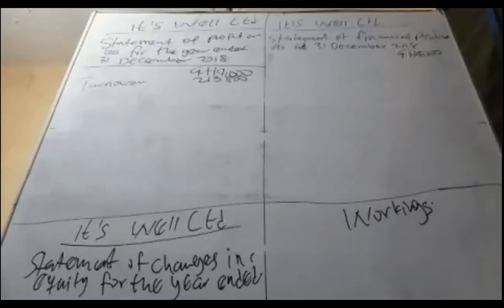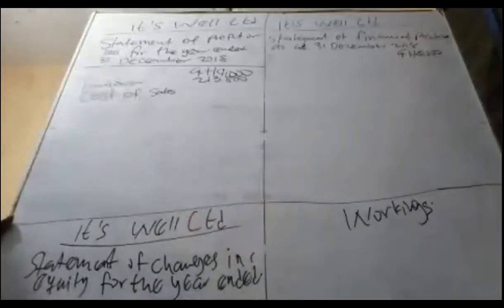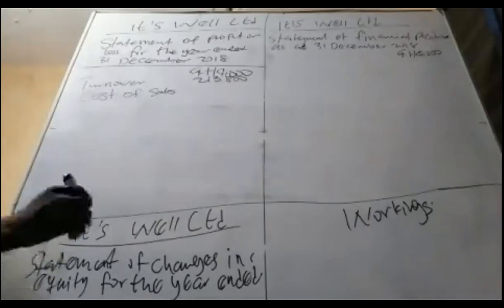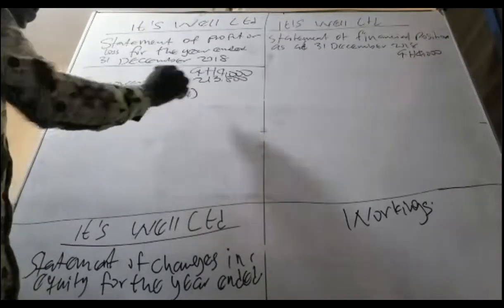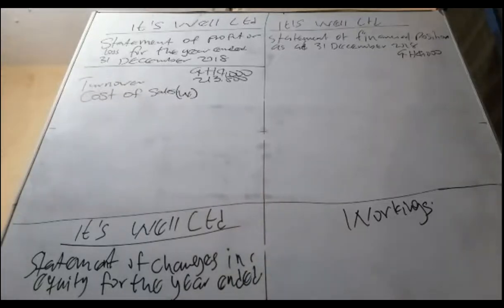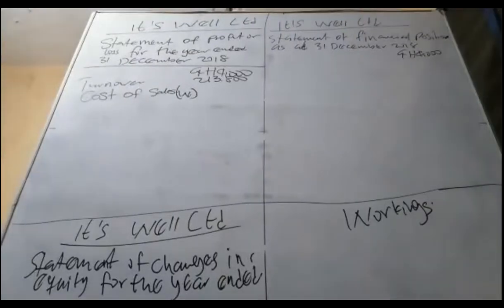Then second, we go to the cost of sales. Good. Now we tell the examiner that it is working 1, our first working. So let's go and work on that. If you go there and you think cost of sales is delaying your time, move on to the next one, operating expenses.